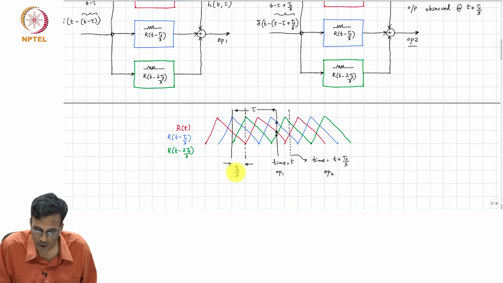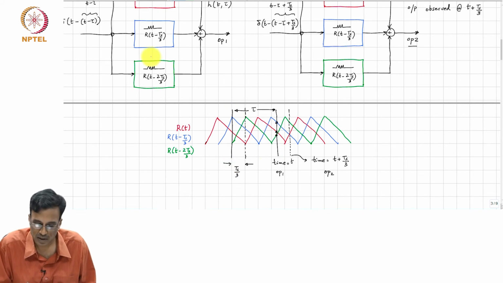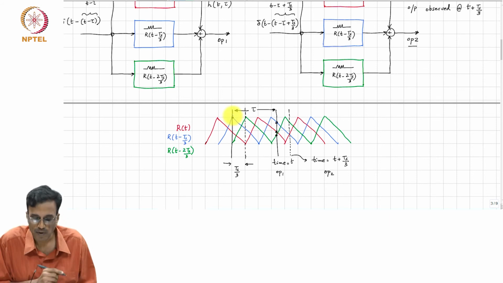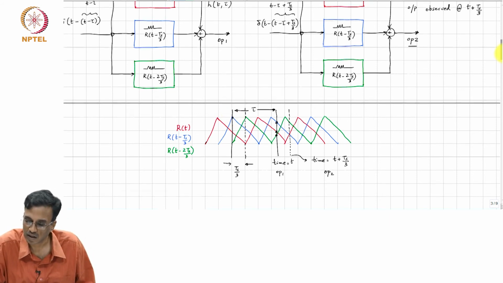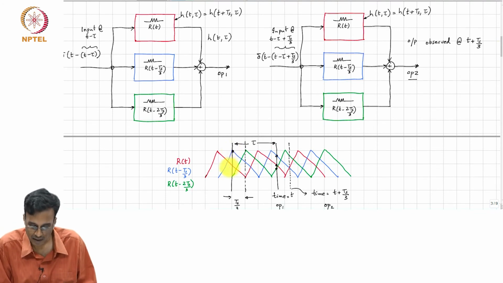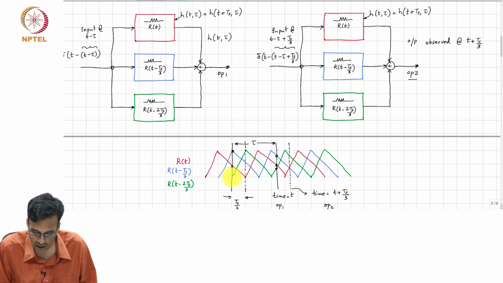So, think about it this way. In the picture to the left, we excited the system here, where the blue box had this value of resistance, the red box had this value of resistance, and the green box had this value of resistance.